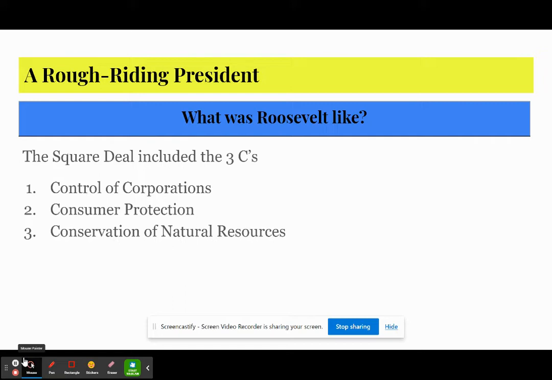Again, going back to industrialization, using different natural resources like iron ore or wood, forests. Industry was taking advantage of these natural resources and in some ways destroying the beauty of our country. So he wanted to make sure that we had land set aside that would be untouched.